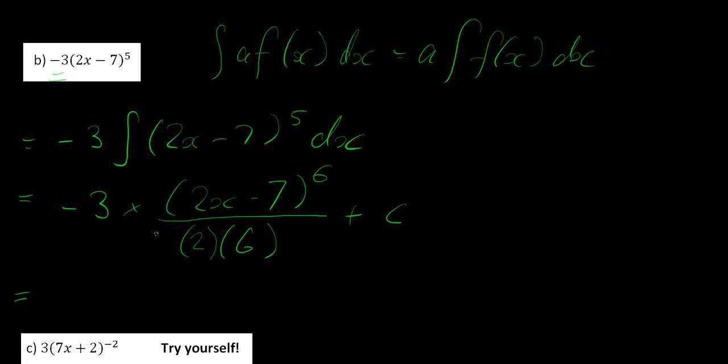And just simplifying this a little bit, this 3 over here can be crossed out with the 6, so we get 1 and 2. And this will give us negative 1 on 2 times 2x minus 7 on 6. Oh, sorry, this one isn't 2, it's 4. Where's the eraser? Let's just go backwards here. This is 4.